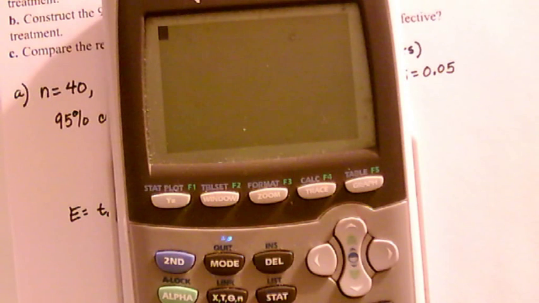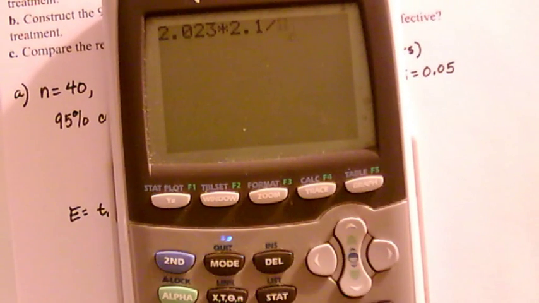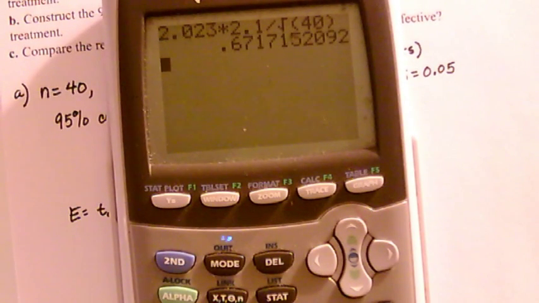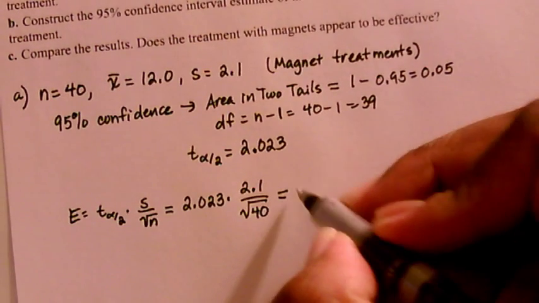So in this case, 2.023 times 2.1 divided by the square root of 40. Then hit enter. And I'm going to round this off to 2 decimal places, so it'll be 0.67. So your margin of error will be 0.67.